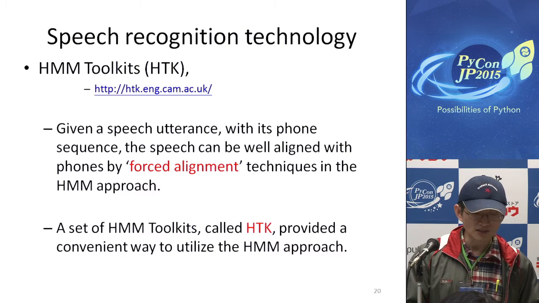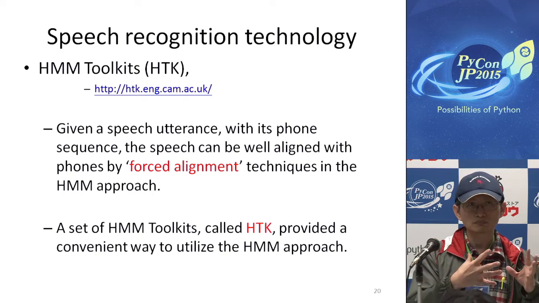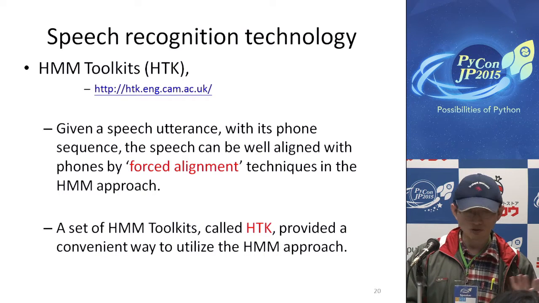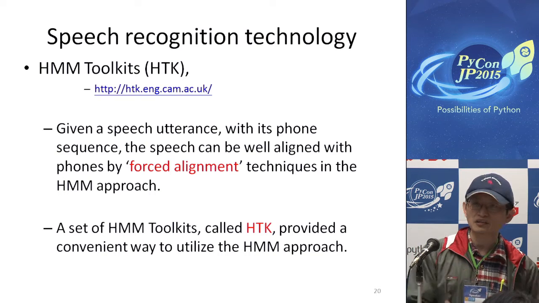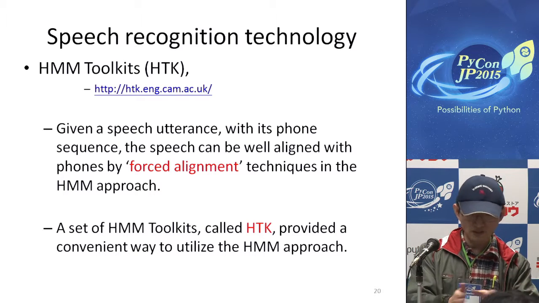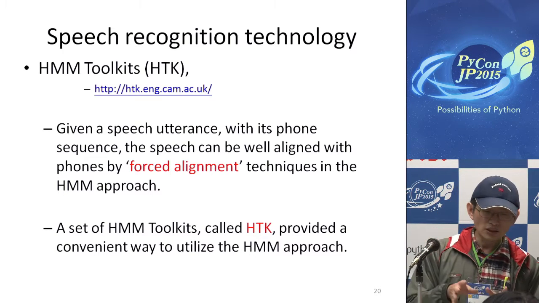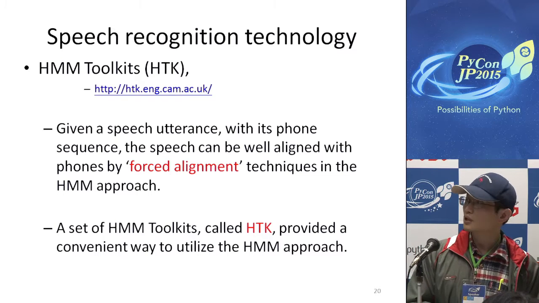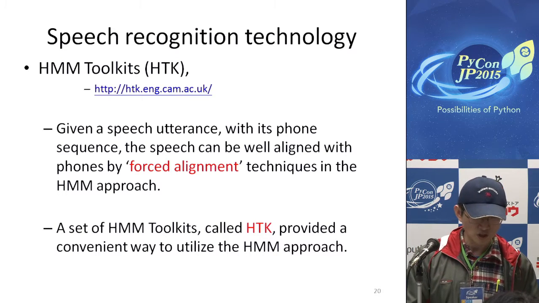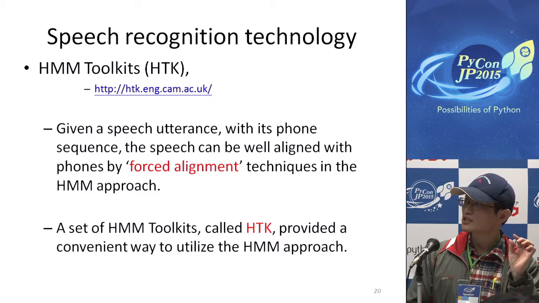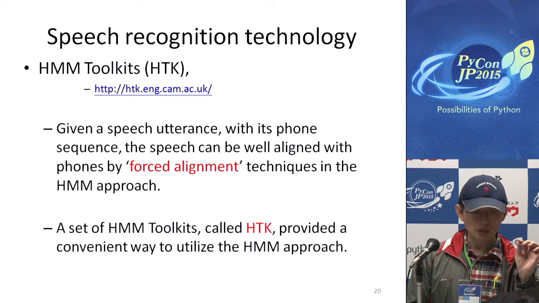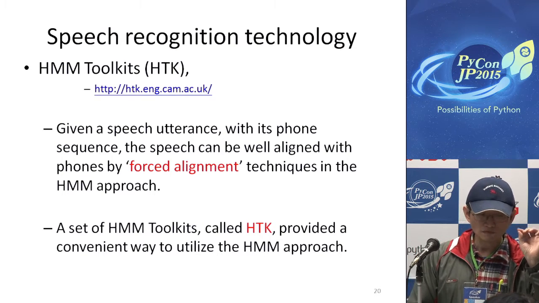It is a set of tools written in C, and you can download it as long as you do some registration, and compile it yourself for different operating systems. Using such speech recognition technology, we use its simplest function, called forced alignment.